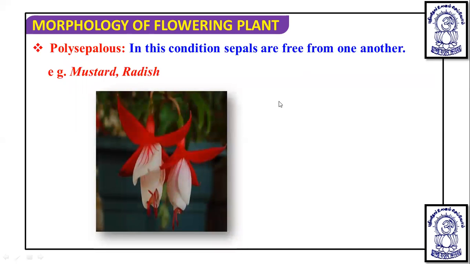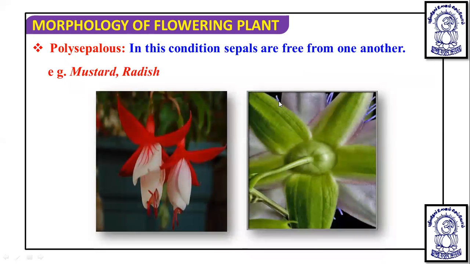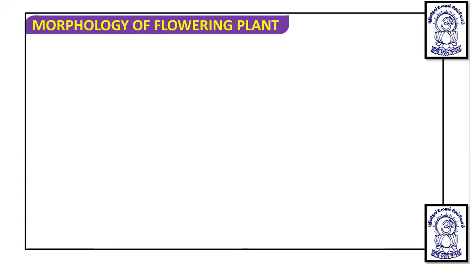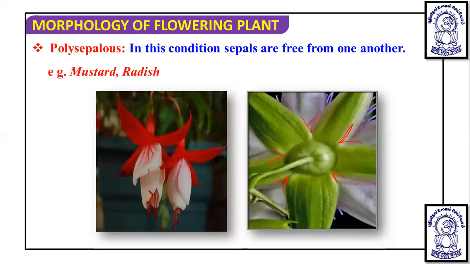So you can see here the sepals are free from each other. But in the gamosepalous condition, they are fused from this point. So this is the terminology used for the polysepalous or gamosepalous condition in the case of the calyx.